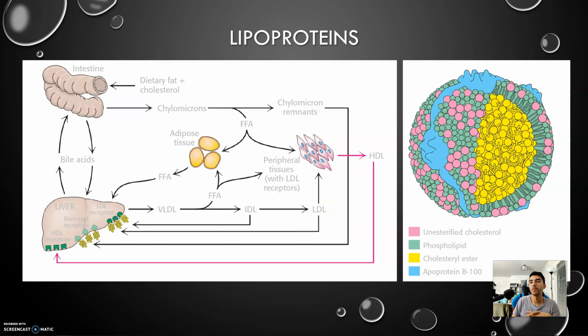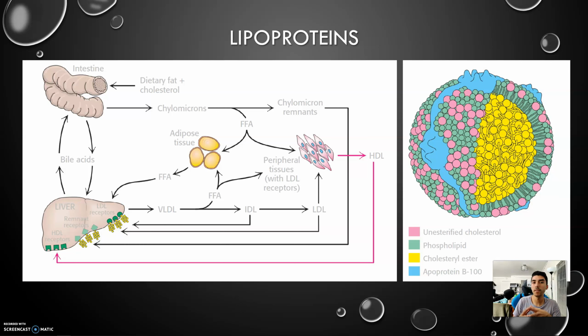Now that we brought that up, LDL and VLDL are detrimental to an extent where if there is an excess of LDL or VLDL in the blood arteries, then we can end up getting hardening of the vessel walls called atherosclerosis via the formation of atherosclerotic plaques.